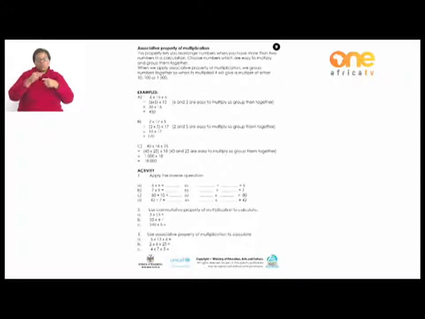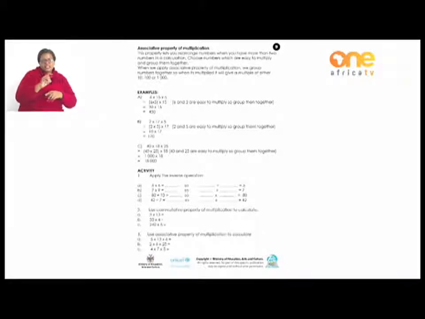What does the activity say? Number 1, apply inverse operations, whereby in A, we have 5 times 6. So, what will be the answer? With division, which will give us 5. B, 7 times 9. What is our answer? And the inverse operation of that, and the answer will be 7.